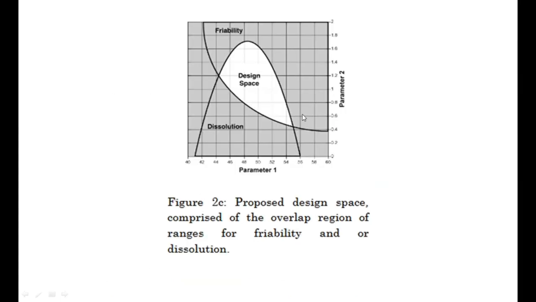Design space can be proposed by overlapping the regions of the ranges of the friability and dissolution both. Here we can see this is the overlapping region. So if we keep parameters 1 and 2 in this range of the design space, then it will yield 80% dissolution and friability would be less than 2%. That is the desired range of the critical quality attributes.